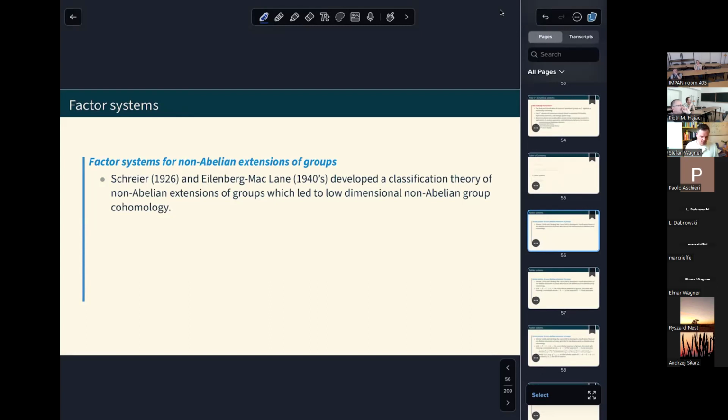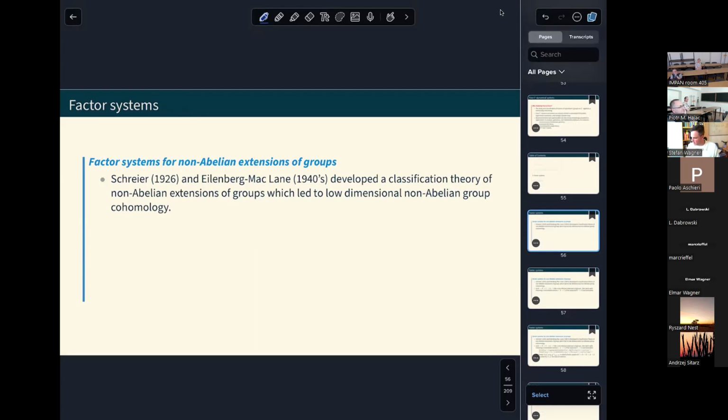Usually they pop up for non-abelian extensions of groups. It was Schreier in 1926 and Eilenberg-MacLane in the 1940s. They developed a classification theory of non-abelian extensions of groups, which led to low-dimensional non-abelian group cohomology.